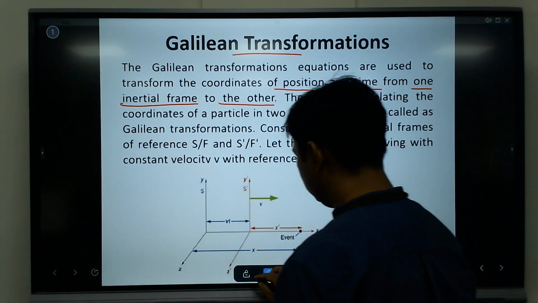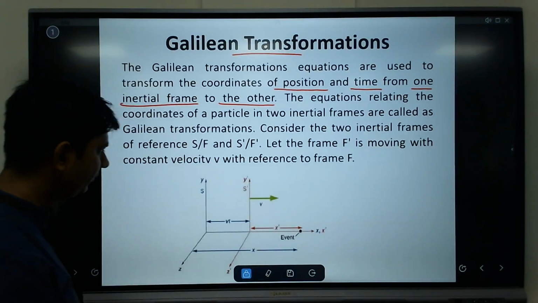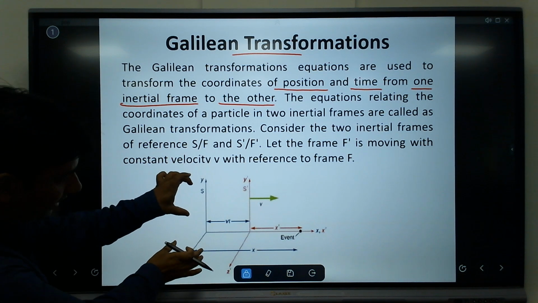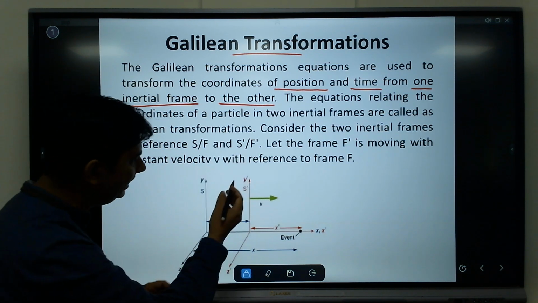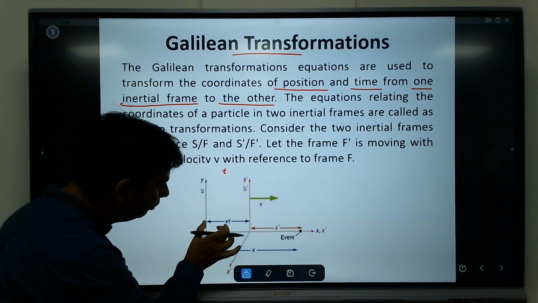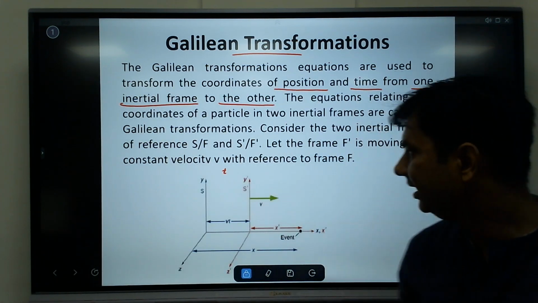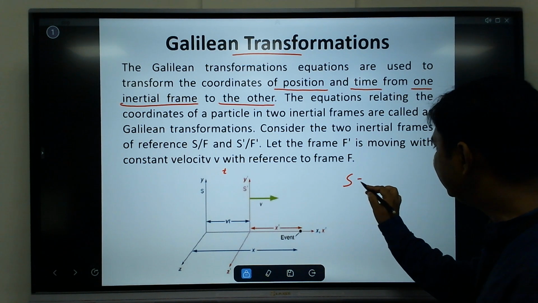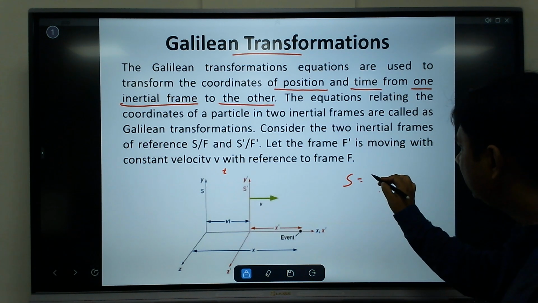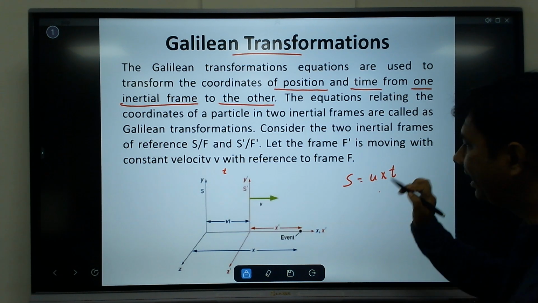Okay, so you can see from here also, this is the S frame, and in time t it moves a distance of vt. How does it move a distance of vt? We have the example. The distance is called velocity into time.